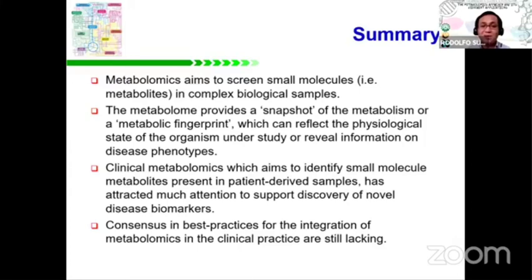In fact, consensus on best practices for the integration of metabolomics in clinical practice is still lacking at this stage. But as I mentioned, in the years to come, there will be many advancements, not only in analytical instrumentation, but also in systems biology that could address this limitation of application of metabolomics in the clinical scene.